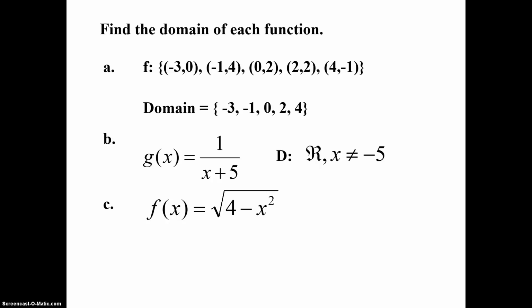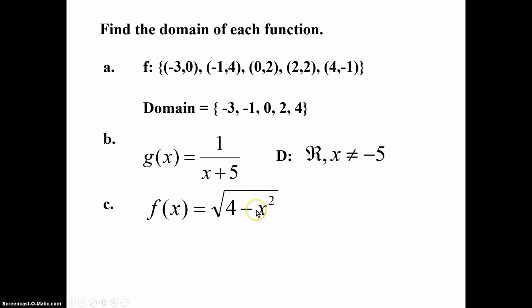The stipulation was that anything that was underneath it had to be greater than or equal to 0, because if you were to get a negative value inside the square root, at the moment, you can't take the root of a negative number, so you wouldn't be able to continue with this problem.